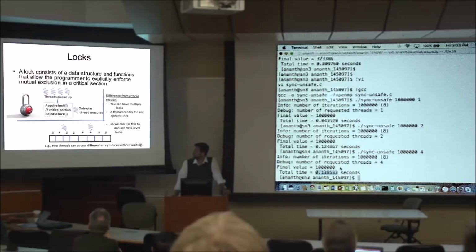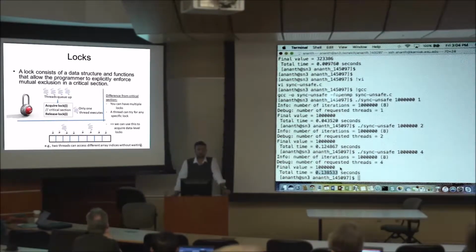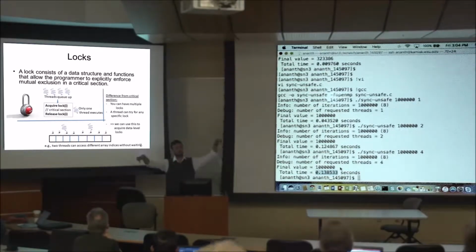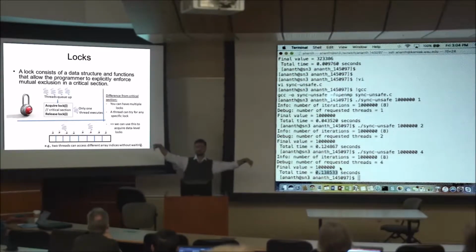Think of this use case. Let's say I have an array. One thread wants to update the third index of the array, another thread wants to update the sixth index. Now they are sharing the array, but they operate on two different locations, so there is no need for one thread to wait for the other.